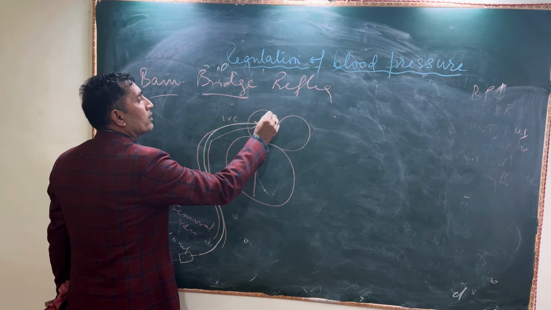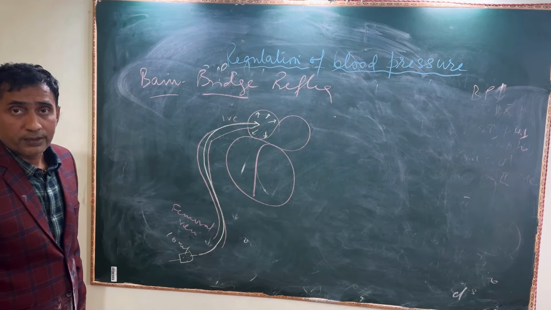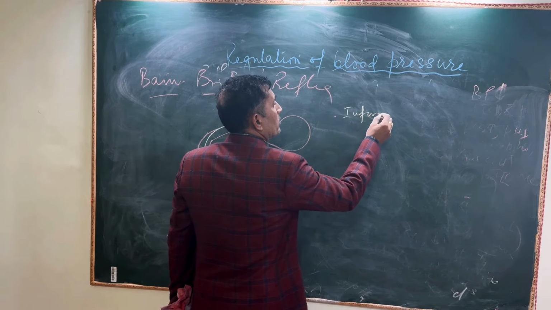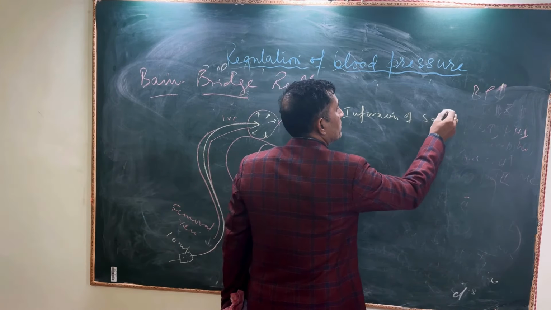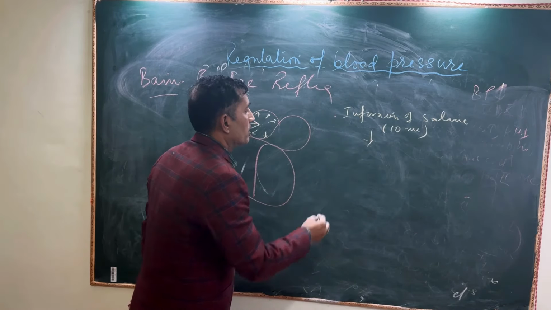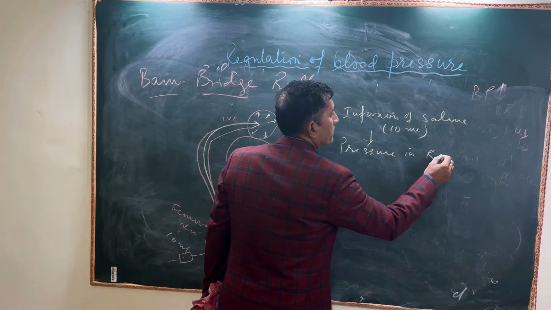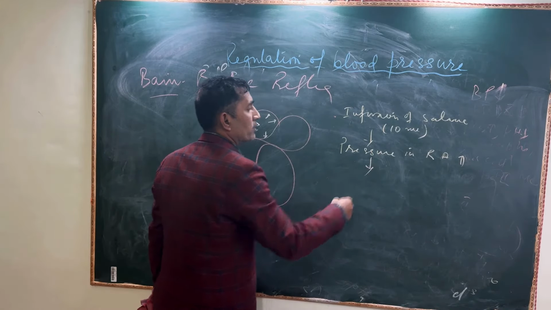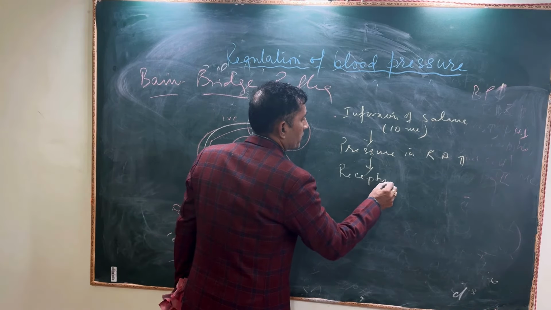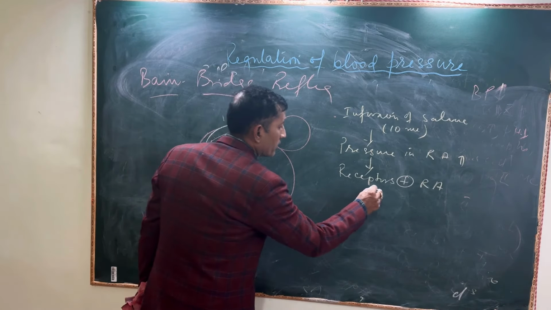We can create pressure in the wall of the right atrium. So infusion of saline, say 10 milliliters, increases the pressure in the right atrium. So the receptors present in the right atrium get stimulated. Then what will happen?